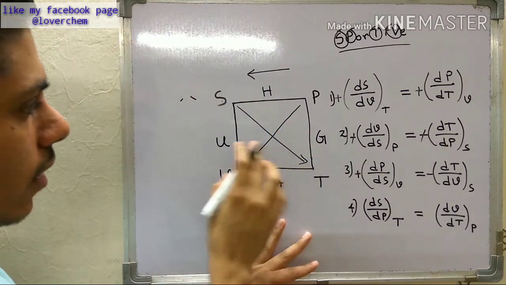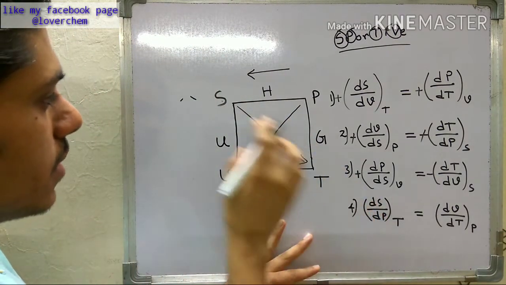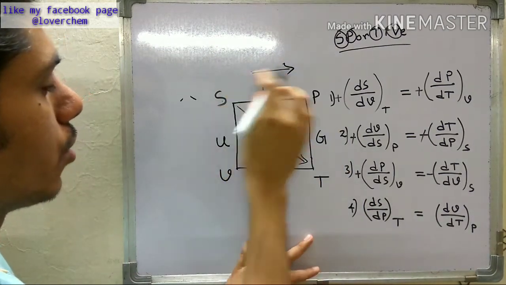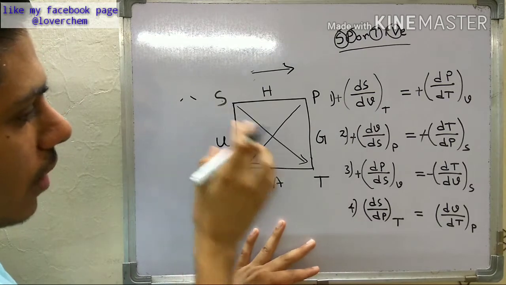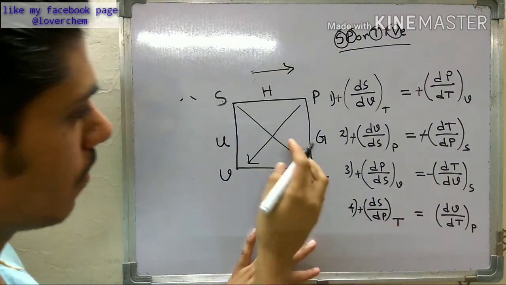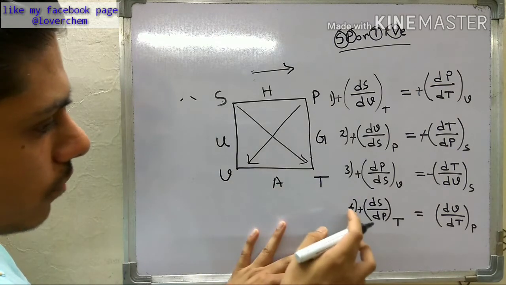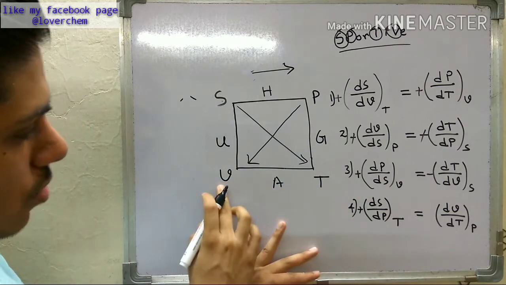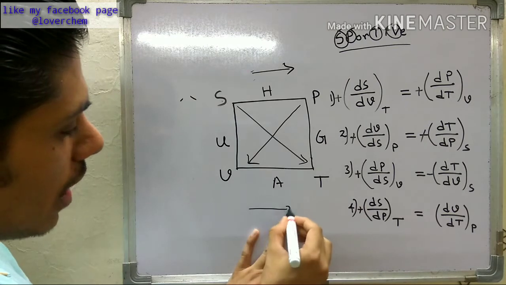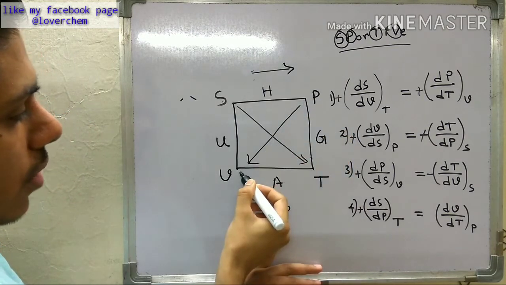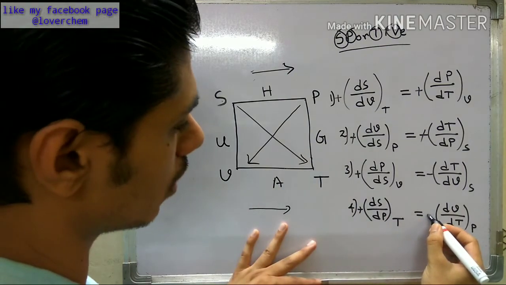Now you can see, again, first relationship ds dp: we are coming from left to right, and the arrow is also from left to right, so it will be positive. But in this case, we are doing dv dt. So dv dt, we are going from left to right, but the arrow is from right to left. So in this case here you will have negative.